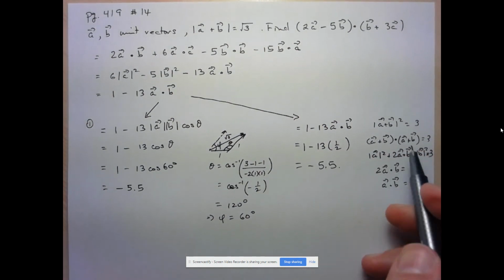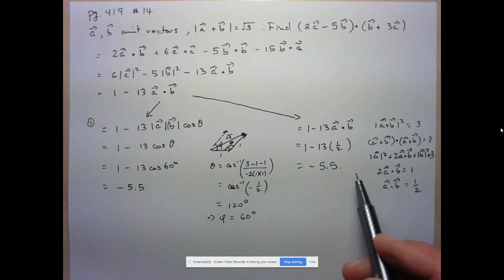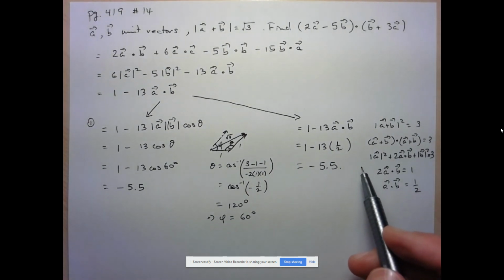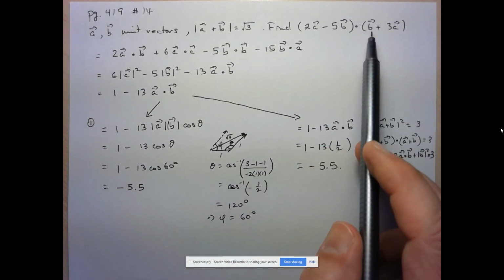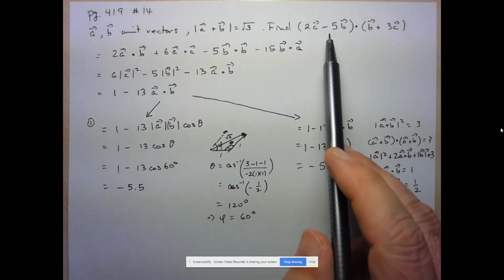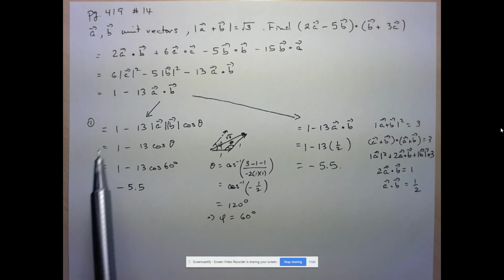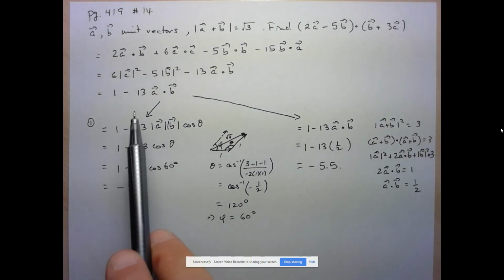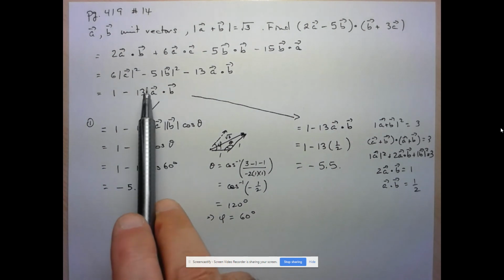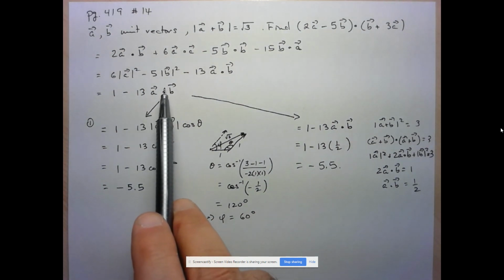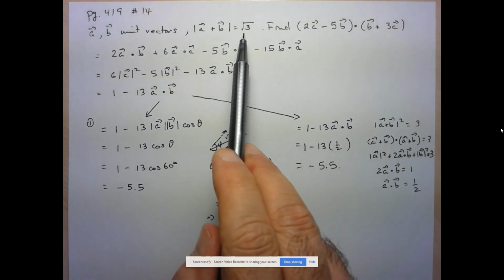So, it's tough to say which one is quicker, but just to show you how you do have alternatives in a question like this. All right, so let's recap. First of all, given an expression like this, it makes much more sense to apply the distributive property and write it in terms of simpler expressions. So in this case, we were able to turn this question into a question of determining A dot B. The extra information that was given was this magnitude of A plus B equals root 3.